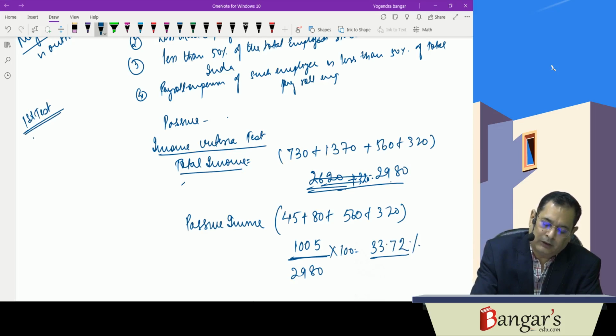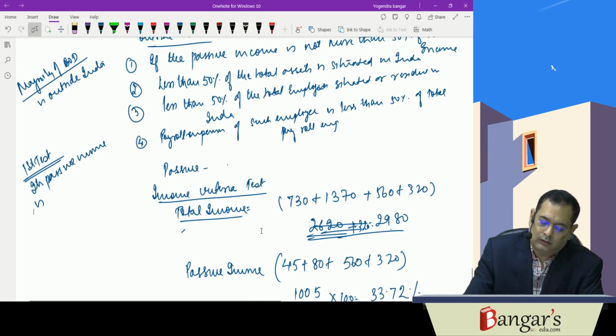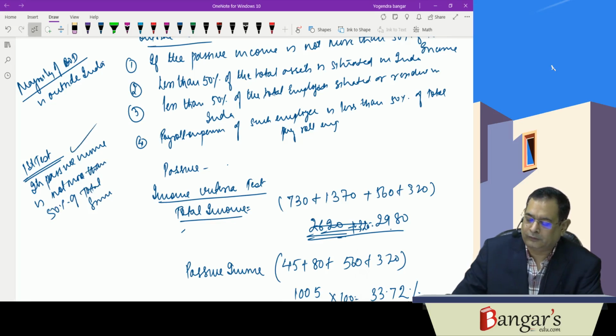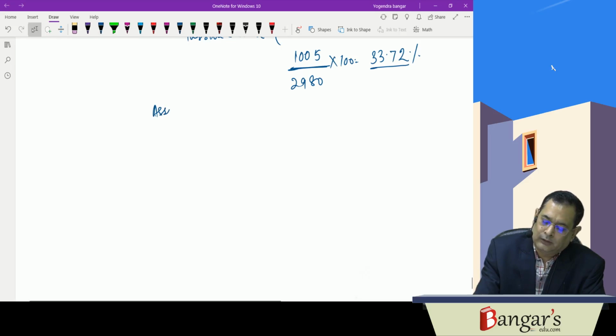So the first test is satisfied. The passive income is not more than 50% of total income. Then the second is the assets test.